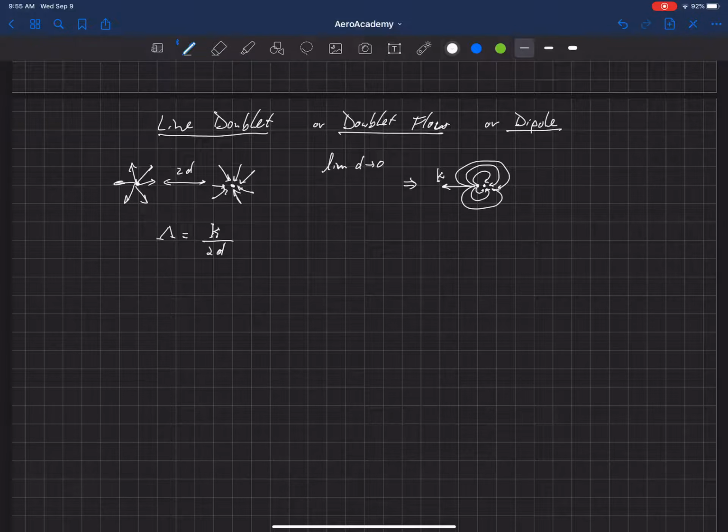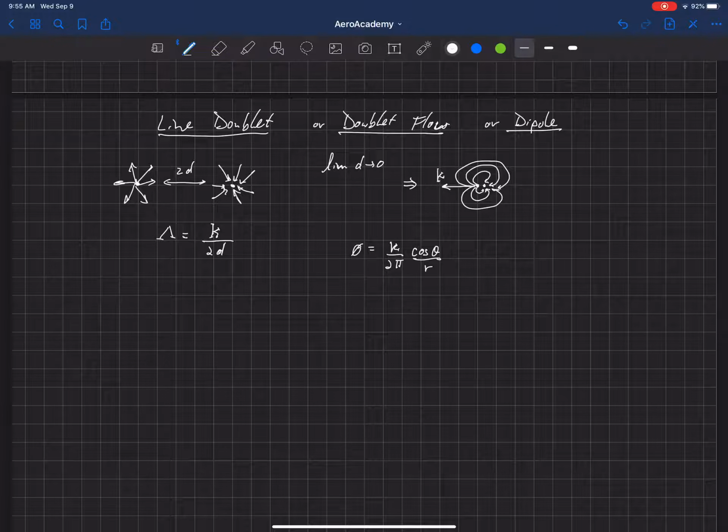Okay, so the velocity potential for this object can be written as kappa over 2 pi times the cosine of theta divided by r.